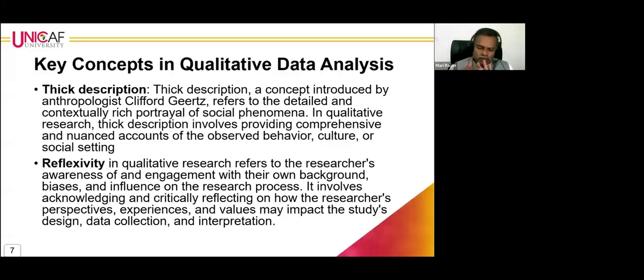So there are four key concepts underlined. Our key concepts were centered around qualitative data analysis: data saturation, then inductive reasoning, then thick descriptions, then reflexivity.